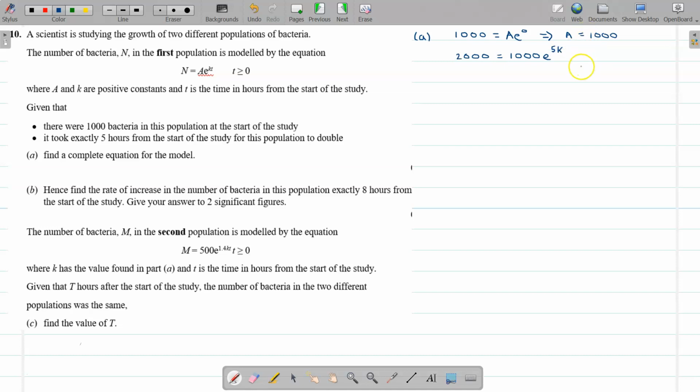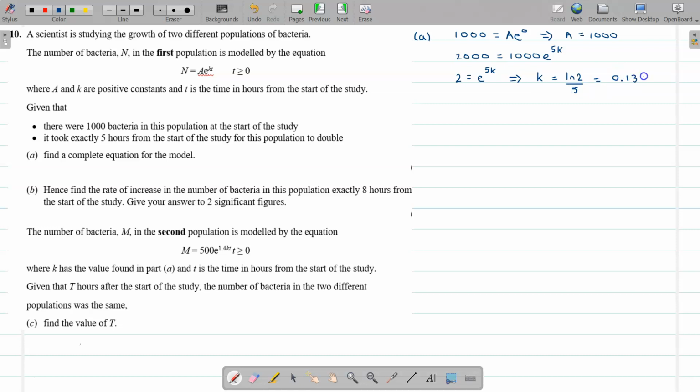We can use that to find k, because if we divide both sides by 1,000, we know that 2 is equal to e to the 5k, and therefore take logs of both sides. 5k is log 2, and therefore k is 1/5 of log 2. So log 2 all over 5, and that comes to 0.139 to 3 significant figures.